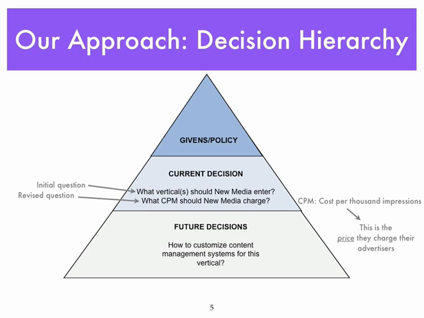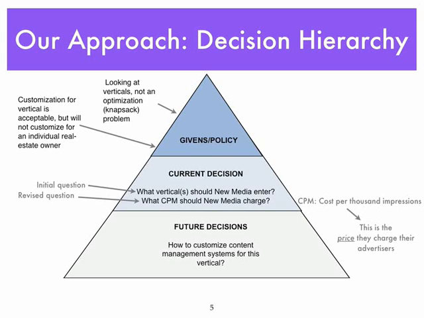So future decisions could be something like, what customization to include for a given vertical if you choose to be in that vertical. Some of the givens were that new media would find customization for a whole segment acceptable, but not customizing for each store in that segment. That would be too much effort.